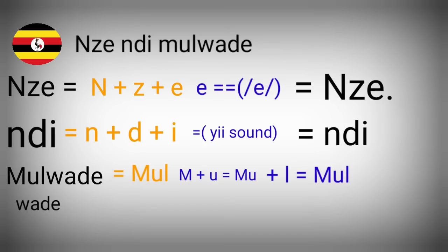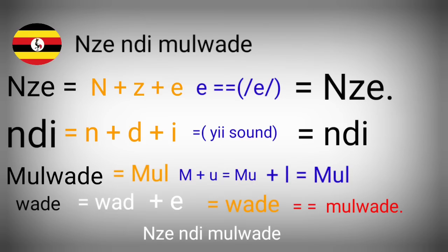W, A, D, E. The first three are W, A, D. Is that a vowel letter? Yes, and that is A, pronounced wa. When you add on the E, it is wa, de. So it is mulwadde. Nze ndi mulwadde.